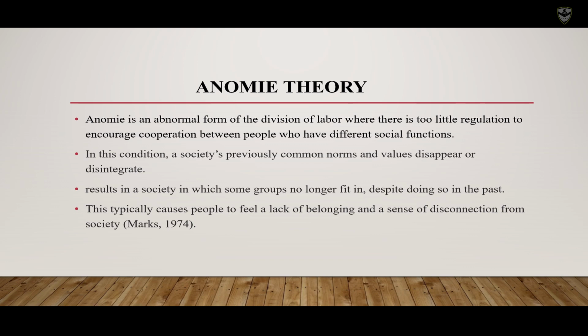So in order to achieve the societal goals, people might use illegitimate means, for example committing murder or trying to make money through drugs, all of these things in order to attain that societal goal.